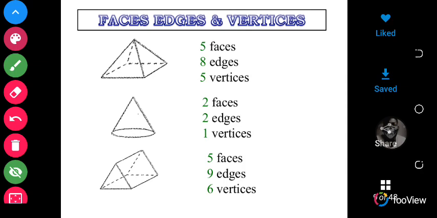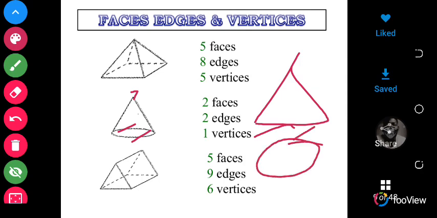It has one vertex, and this is the vertex, and two edges. The two edges are 1 and 2. Those are the edges.